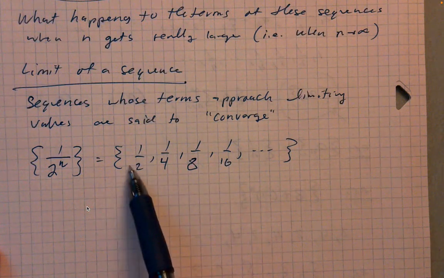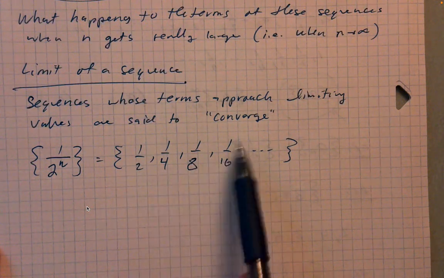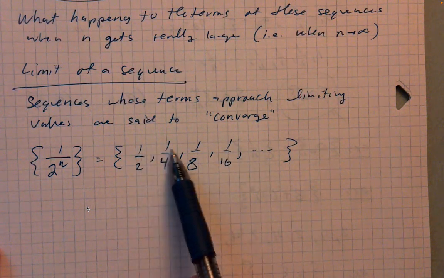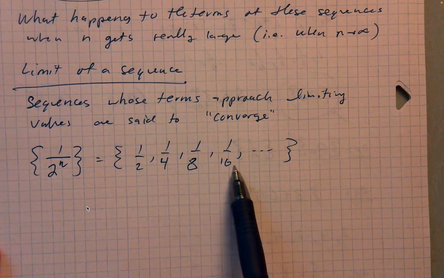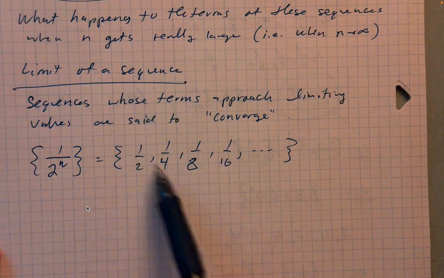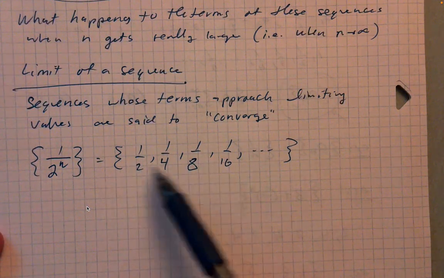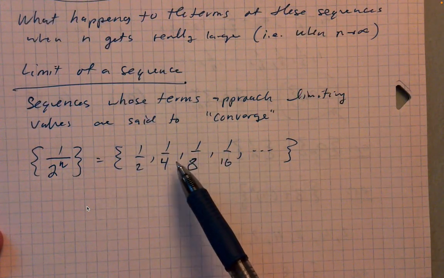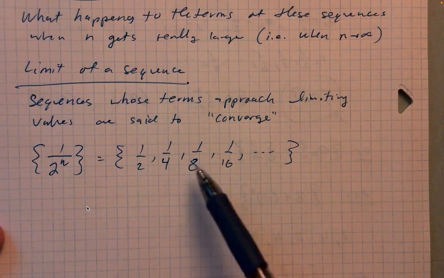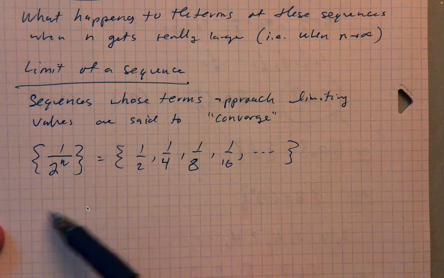You might just look at these and intuit that these ratios are getting smaller. The numerator is always 1. The denominator is increasing pretty dramatically. It's doubling, in fact, every time. So you might be able to infer what the limit is. What do you think happens as n gets enormous? This would be 2 to like the 10 millionth power.